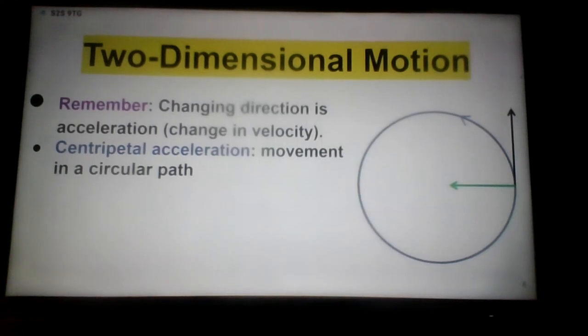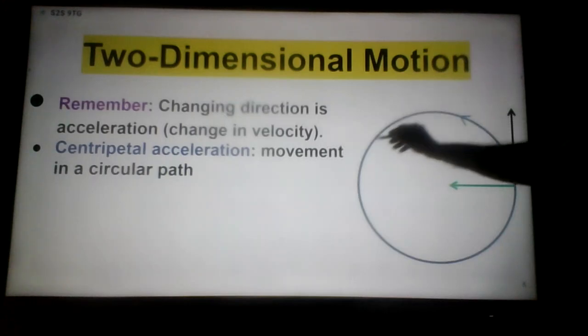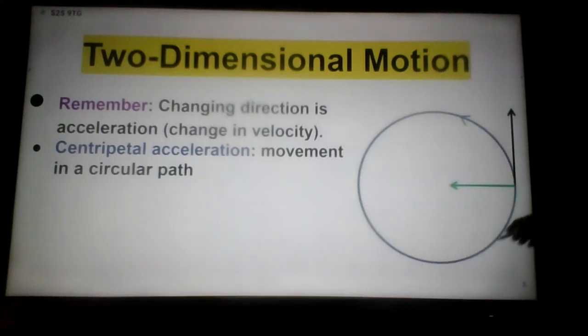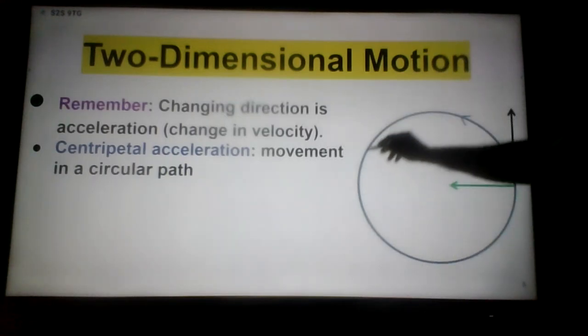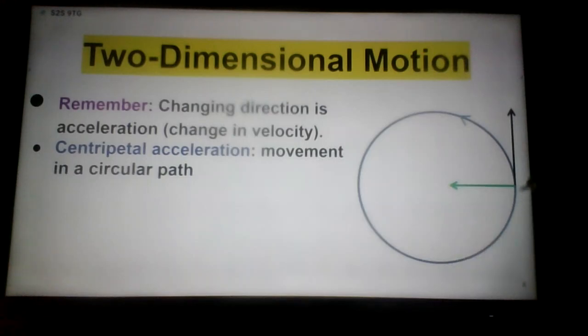Now, I tried to match the colors with the words to the picture here. In the bluish color here, we have what's called centripetal acceleration. This is movement in a circular path, as you see in the blue right here. The object continues to go around and around in this circular path. And you now notice this green arrow here.